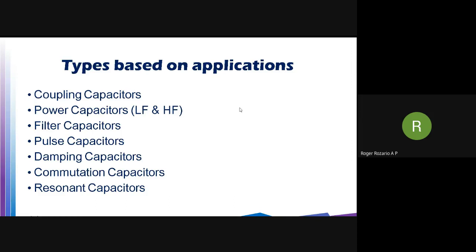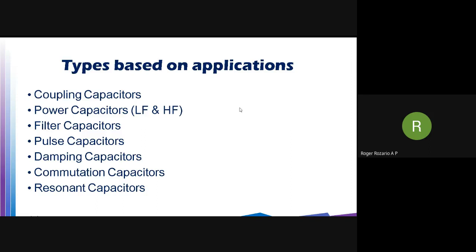There are damping capacitors to damp out the oscillations, voltage oscillations. We can go for damping capacitors. There are commutation capacitors, for forced commutation of SCR. If you see commutation circuits, snubber circuits, it will be a combination of L and C. For forced turn off of devices, you can use capacitors.